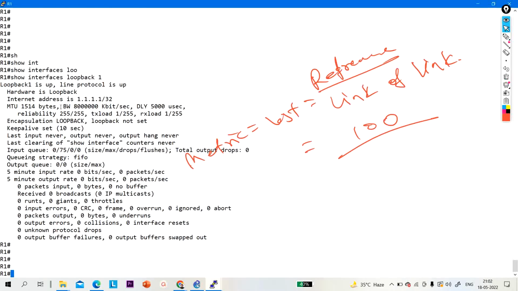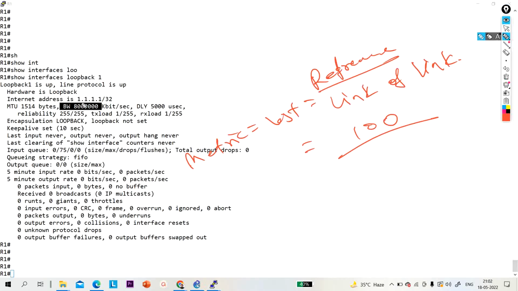The bandwidth of the loopback interface is 8 million kbps, 8,000,000. But 100 is in Mbps, so this in Mbps will be 8000. Just remove the last three zeros. So it will be 8000 in Mbps, right?